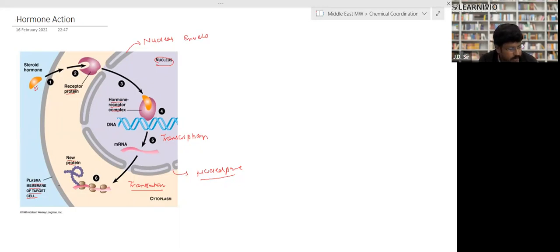And the protein acts as the functional component. That's it. That's how hormone action takes place, right?